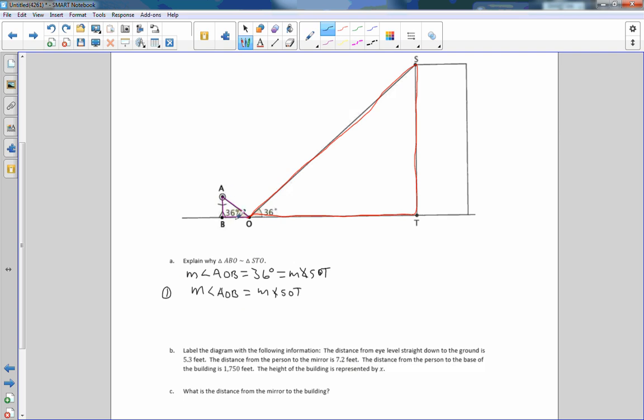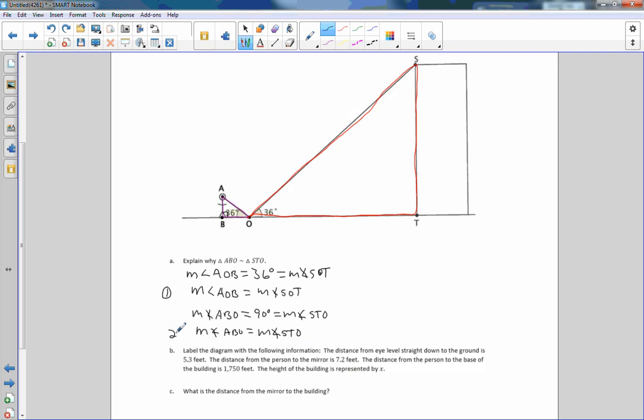Now I see that ABO is perpendicular. You're standing up straight, hopefully. So the measure of angle ABO equals 90 degrees, and so does STO. So the measure of angle STO equals 90. And by the transitive property, the measure of angle ABO therefore must equal the measure of angle STO.